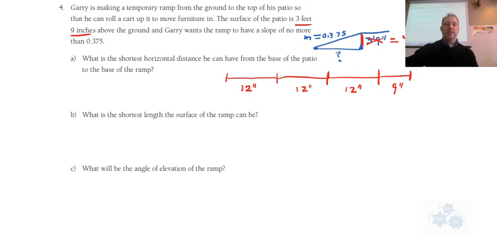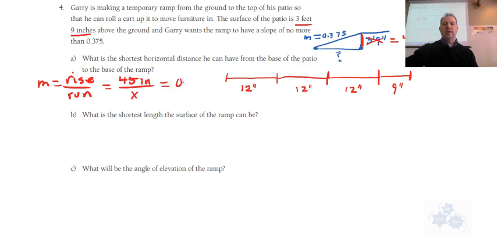So what's the shortest distance? We want the run. The slope, remember, equals rise over run. And the rise, we said, was 45 inches, and the run we don't know.